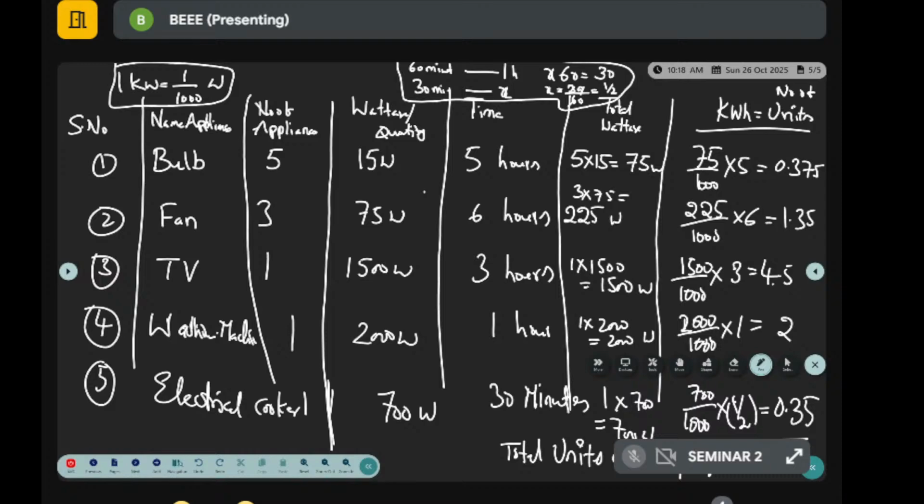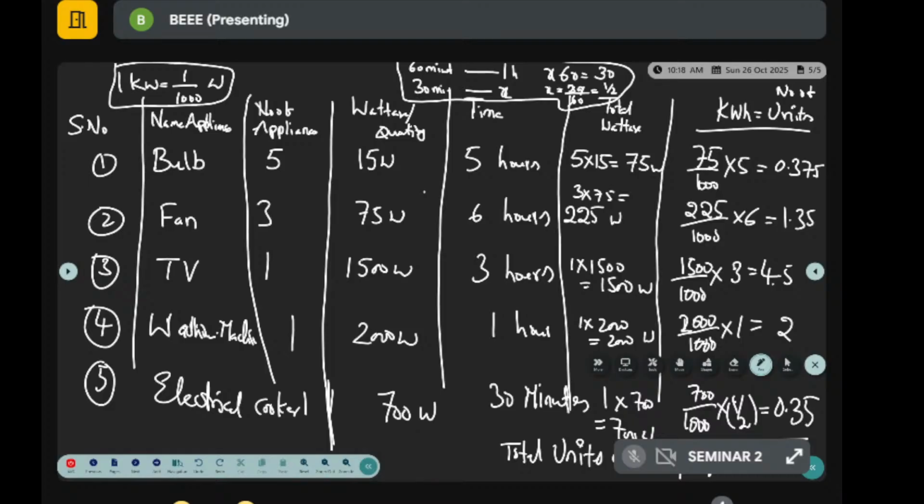Add all these units: 0.375 plus 1.35 plus 4.5 plus 2 plus 0.35. How much?